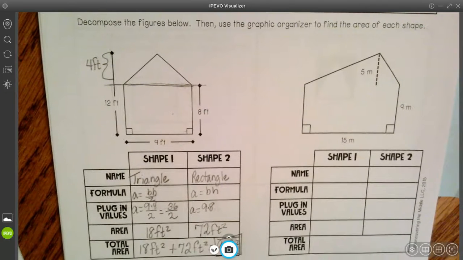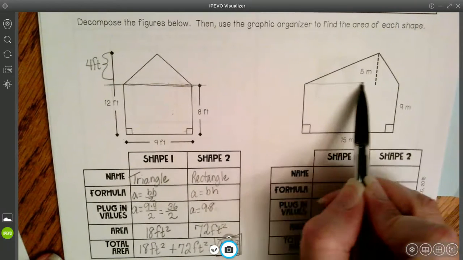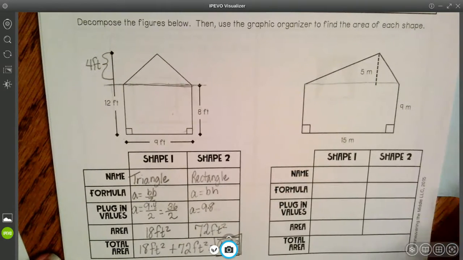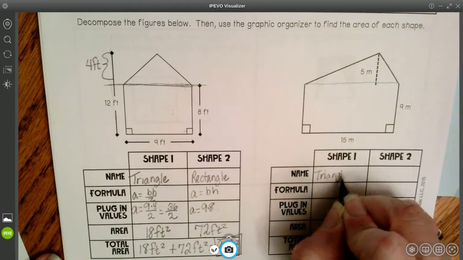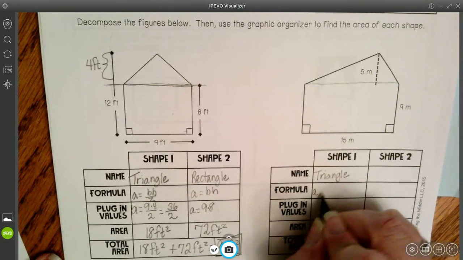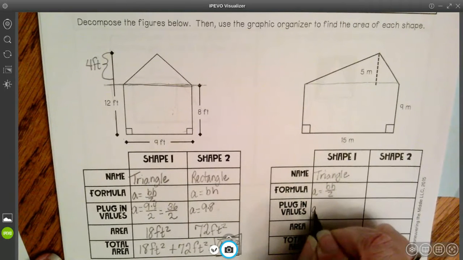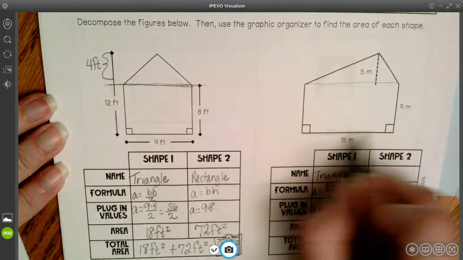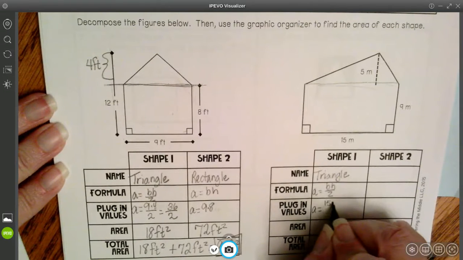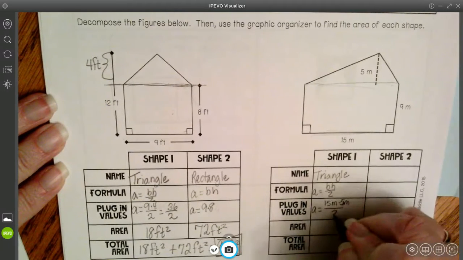Okay, 90 feet squared. Okay, so let's take a look at the next one. Again, this one's going to divide into a rectangle and a triangle. Okay, so first of all, let's look at our triangle. And the formula for triangle is area equals base times height divided by 2. So area equals the base, which is 15 meters for our triangle right here, because it's the same as this one, times the height, which is our 5 meters, divided by 2.